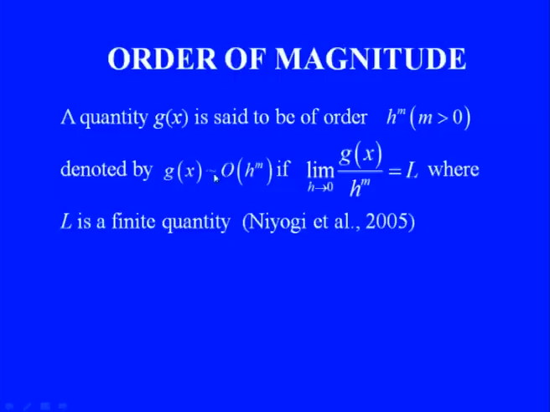We alternatively write this as g(x) ~ O(h^m), where this capital O is used to represent 'order of', if the limit as h tends to 0 of g(x) divided by h to the power m is equal to L, where L is a finite quantity. Now, this definition we have taken from the book of Neogi et al., and it tells us when we would say that g(x) is of the order h^m.